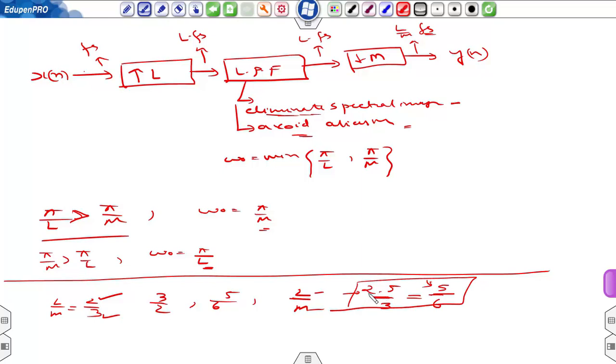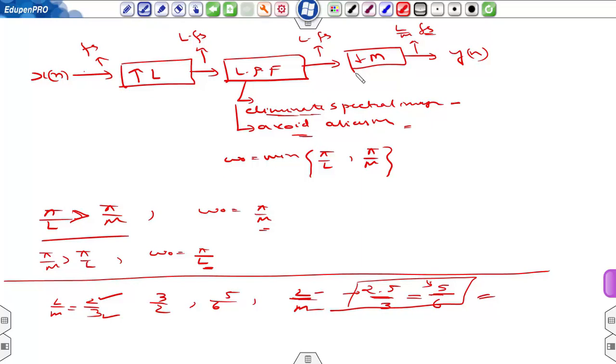So this is the process: first upsample, then downsample.